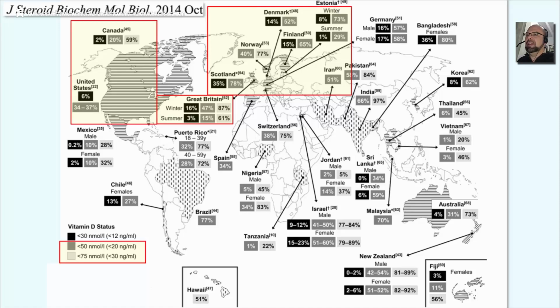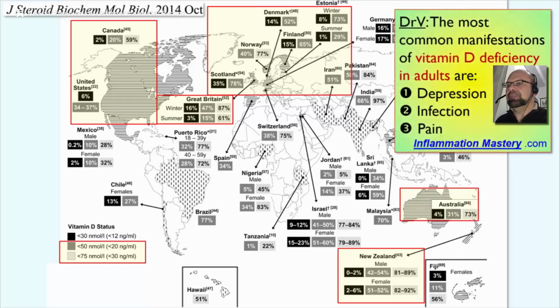In Scotland, Norway, Finland, we see prevalences of 52%, 65%, 77%, and 78%. If we look at New Zealand, we look at prevalences of 90% in men and approximately 90% in women as well. Australia, 73%.